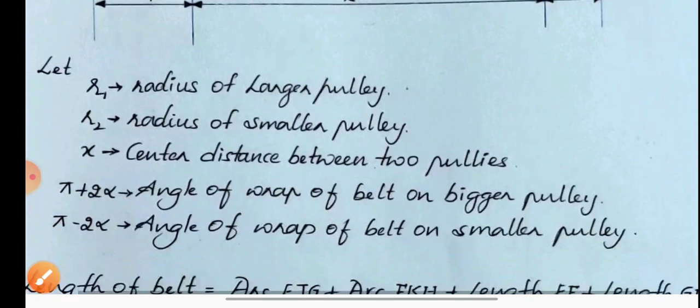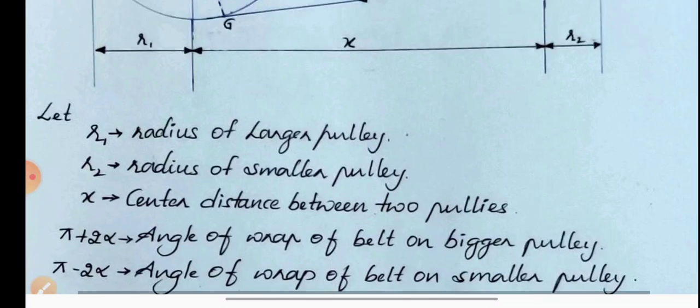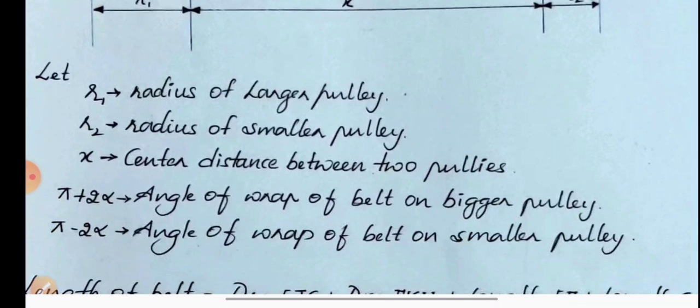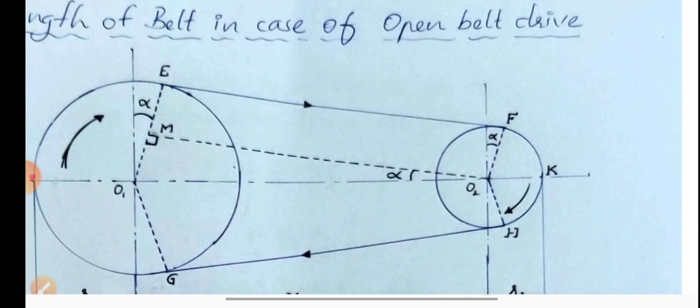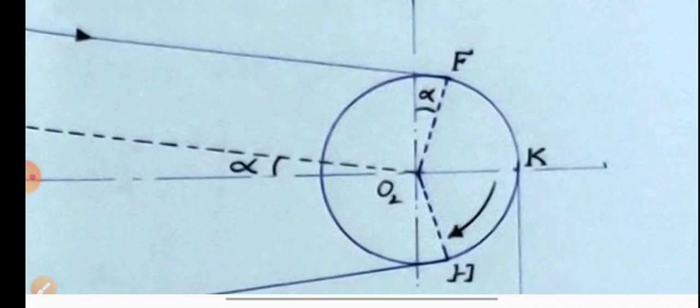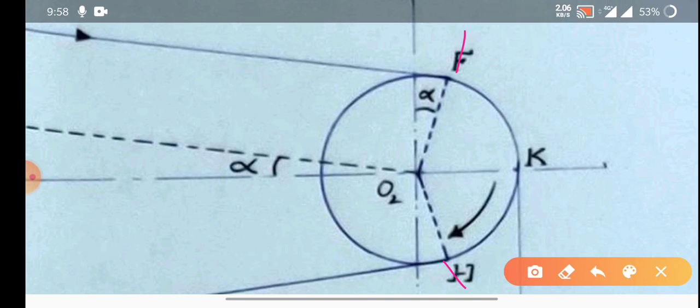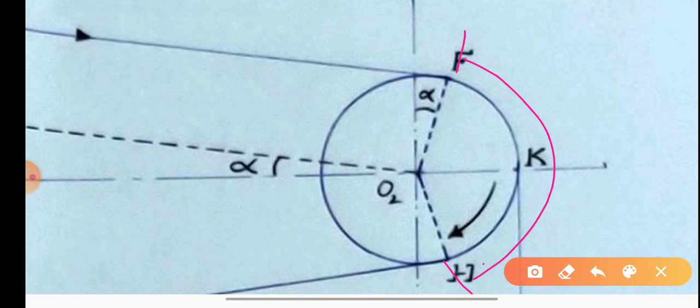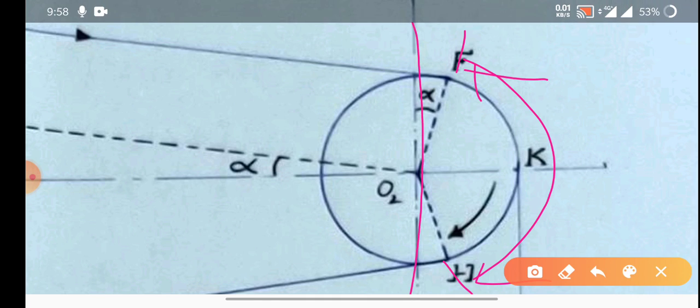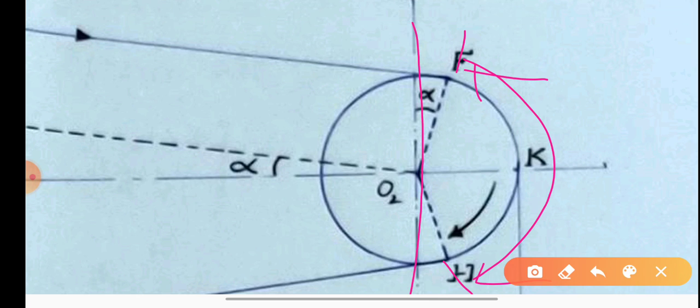So pi plus 2 alpha is the angle of wrap of belt on the bigger pulley. Similarly, on the smaller pulley, the angle of wrap is equal to pi minus 2 alpha. From this point to this point it is 180 degrees, but here the belt is covering the smaller pulley only from this point to this point.